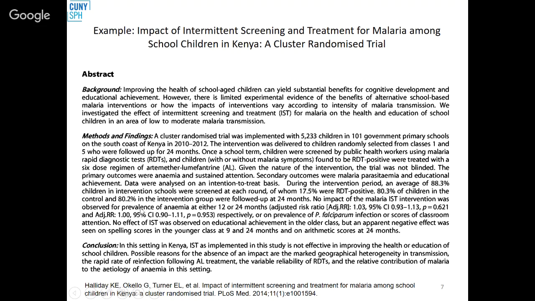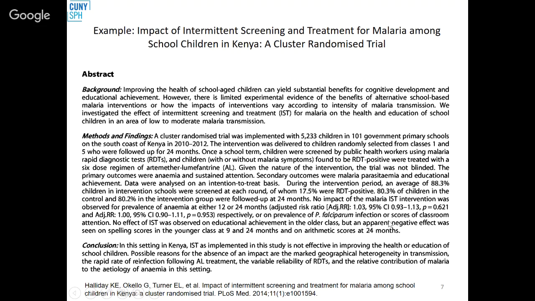We repeat that a few times. There's a couple of different outcome measurements. There's also prevalence of P. falciparum infection, and there's also scores of classroom attention, so measures of learning outcomes. And in fact, for all of these, there's no observed effect.